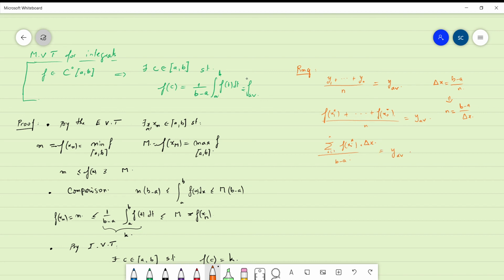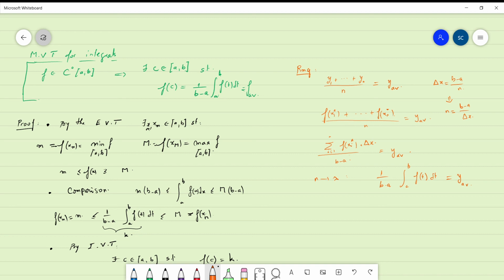And if you increase the number, taking n to infinity, then you will get the meaning of average. If the limit exists, this is exactly the integral, and this is y average. This is why we call it average.